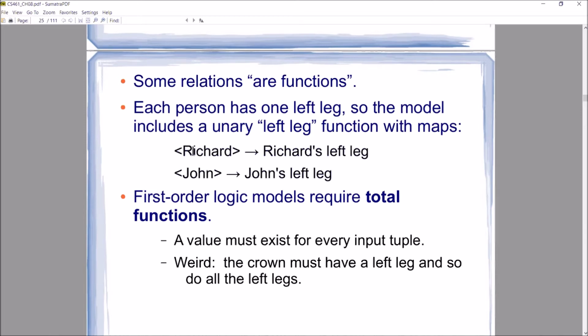So you're going to have Richard, and that's going to map to Richard's left leg. You're going to have John, and that can map to John's left leg, right? So first order logic models require total functions, and the textbook goes into this in more detail than we need to, but basically a value must exist for every input tuple. It's a one-to-one relation. Okay, the logic models require total functions, basically one-to-one mapping, one-to-one relation.